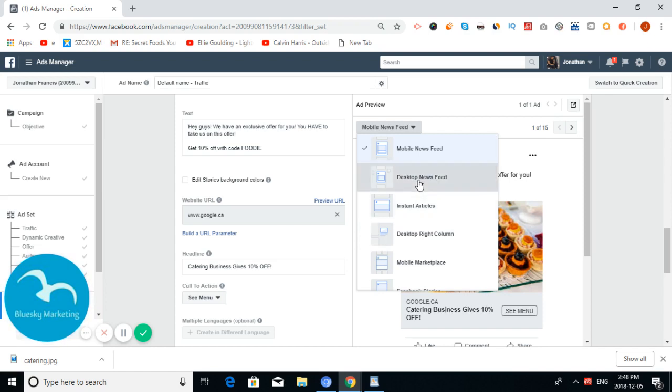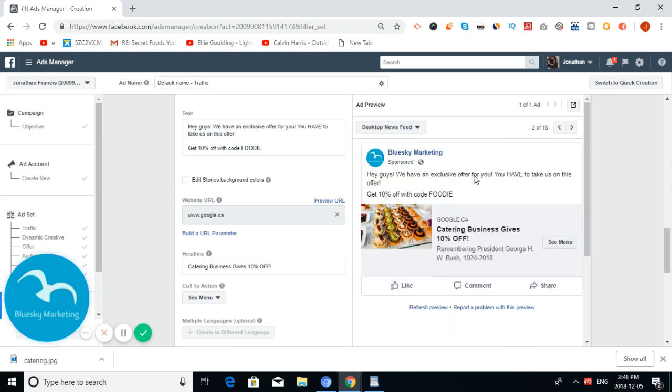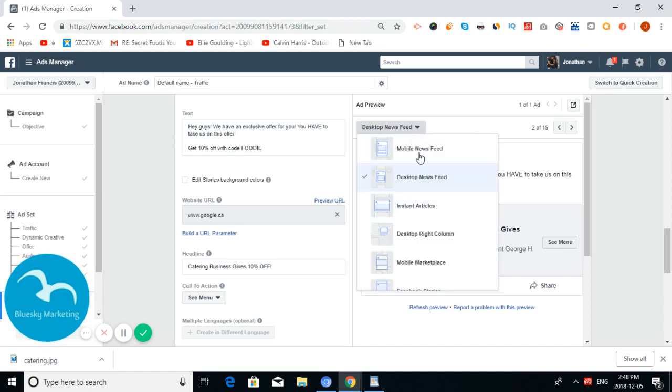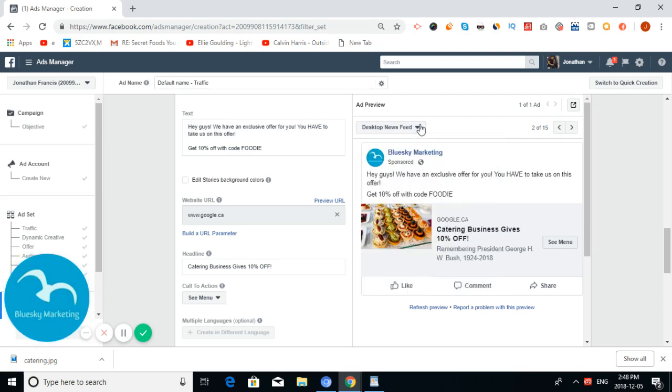So for desktop on the computer, this is how the ad would show. And you can really figure out which placement you like, which placement needs editing, which placement is the best for your eyes.